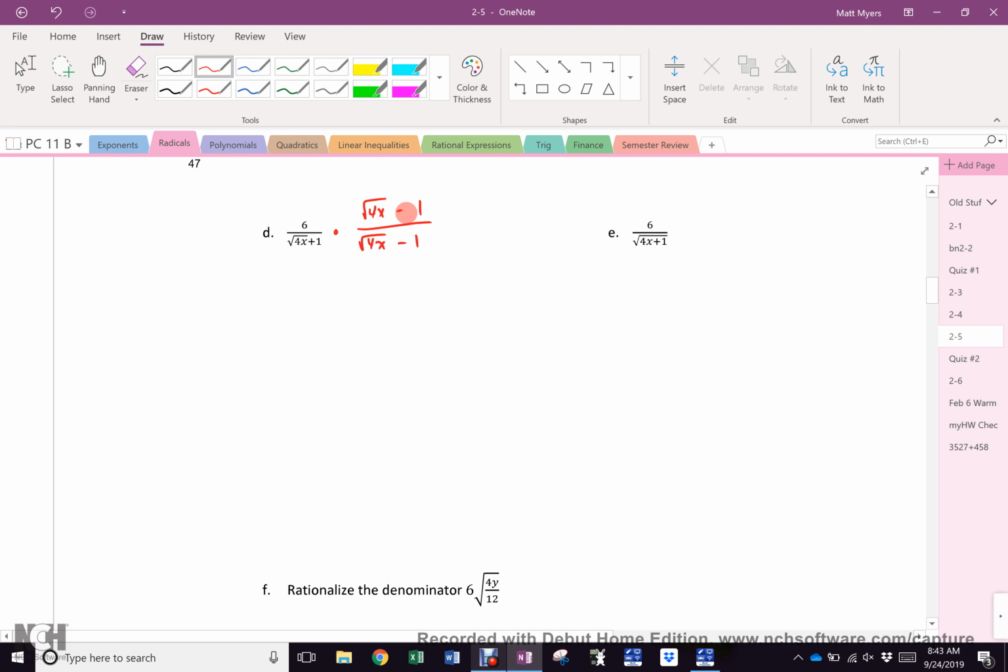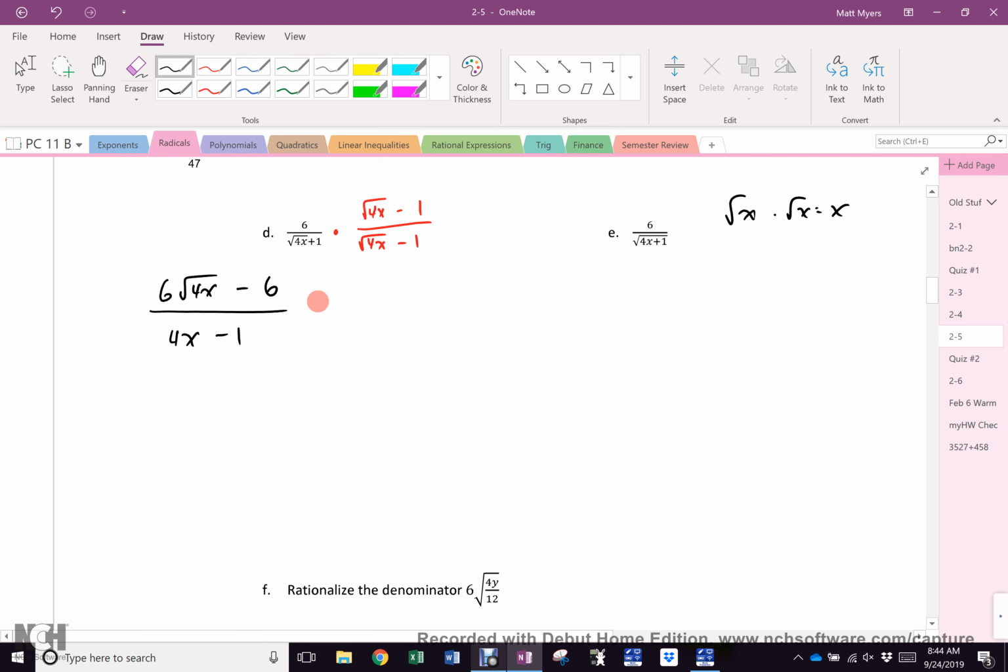Then I just go ahead and work on it. What's the top? 6 root 4x. 6 over root 16x squared, or because we know that the root of x times the root of x is just x, what can I write here? 4x, then what?